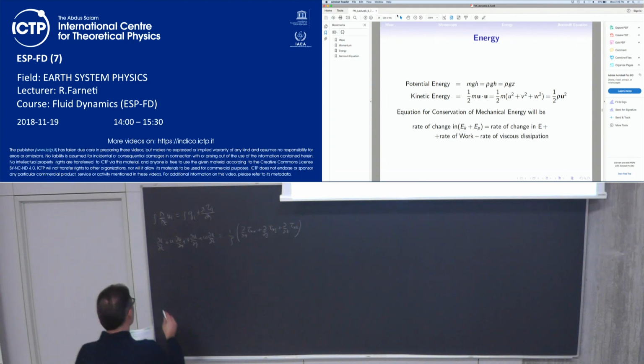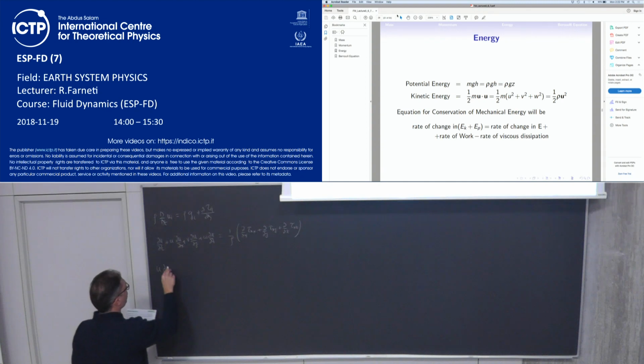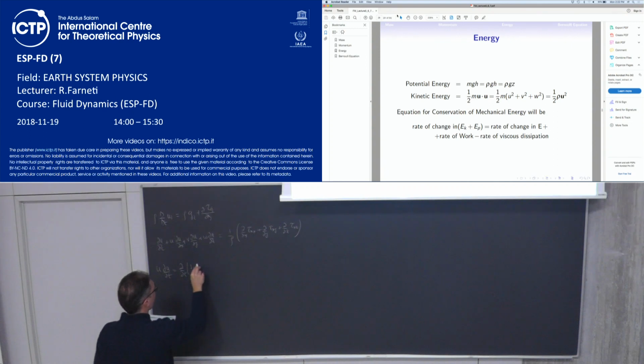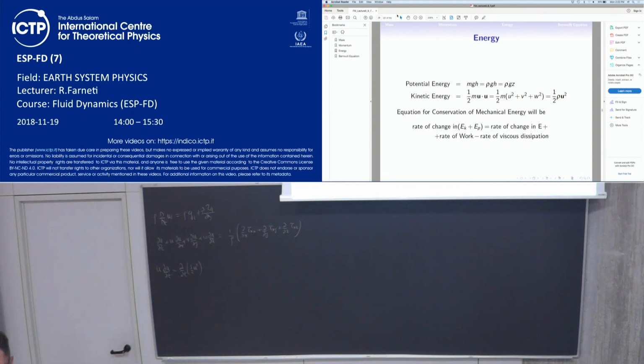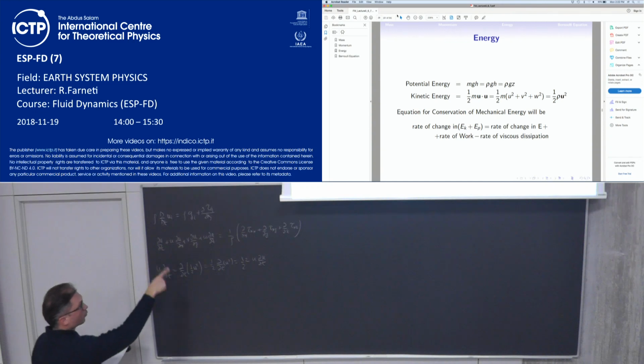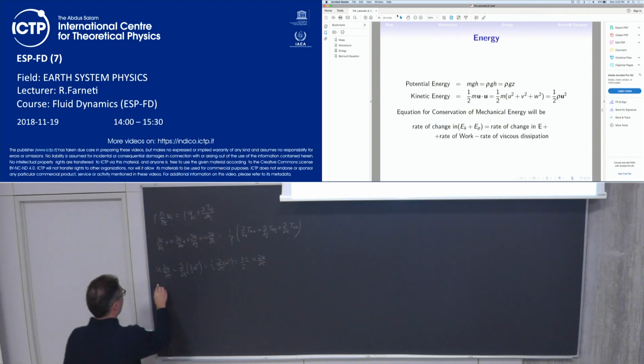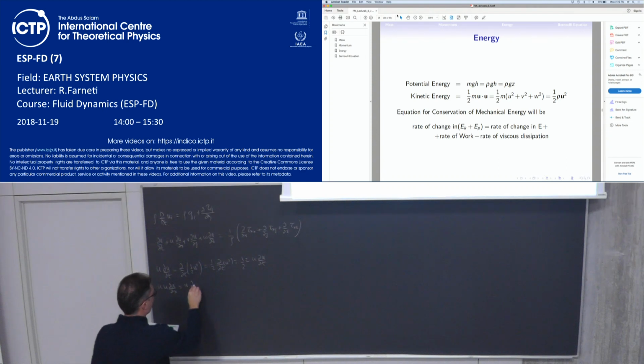Okay, so now remember that you can write u du by dt as d by dt of this, square, which is half of twice. So that's going to be that term when we multiply by u, and u du by dx is for the same reason.